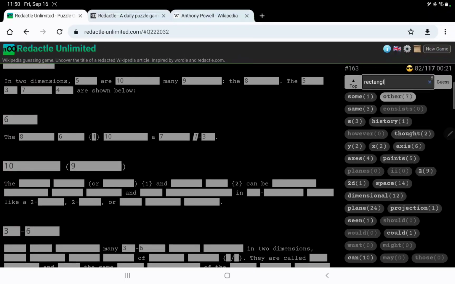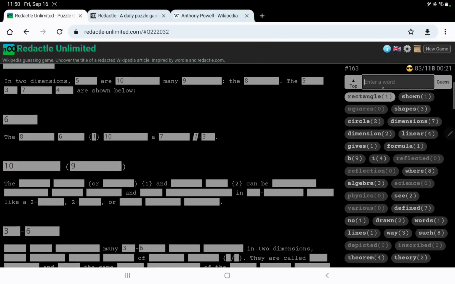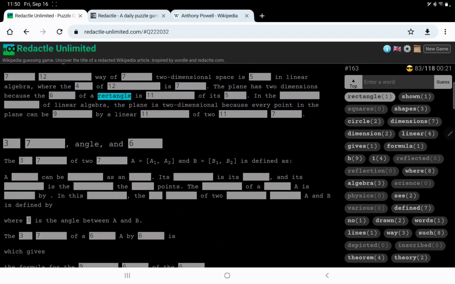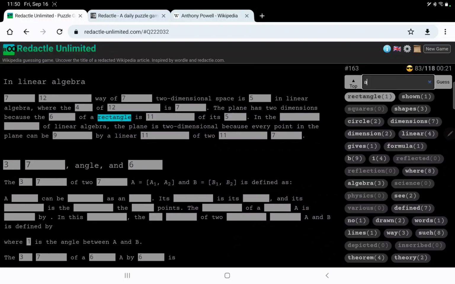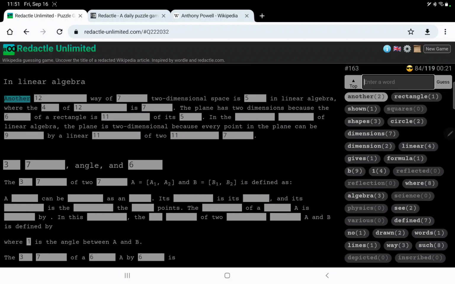Maybe rectangle. One rectangle. Maybe another. Yeah, another way of drawing. No. Of not defining.